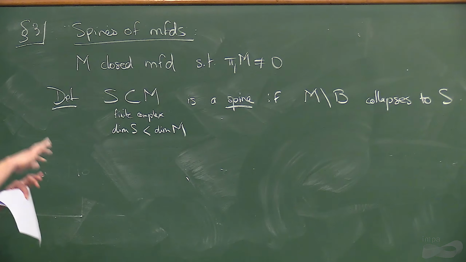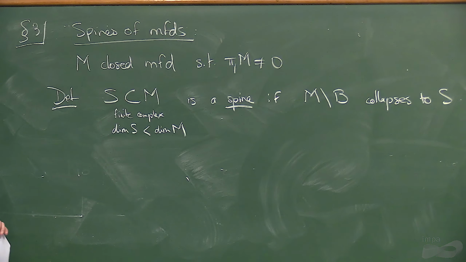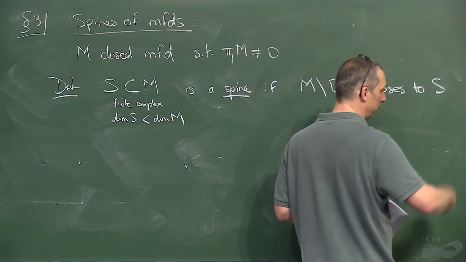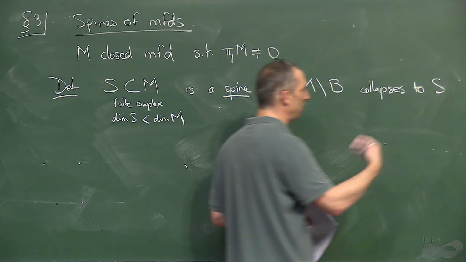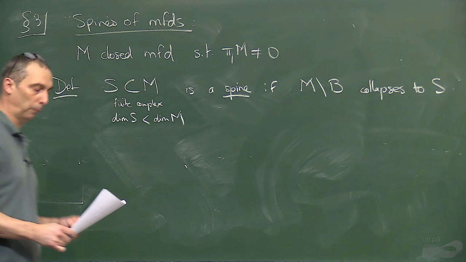It means that you have your manifold, you take a needle, and you make a puncture on your manifold, and then it's like a balloon, it goes flat. And what remains from this operation of decreasing the dimension is your spine.